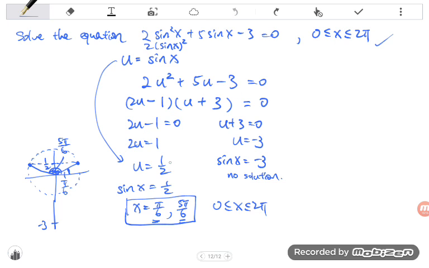And factoring, I solve it. I solve the possible values of u. I have two possible values, and then I introduce the sine x back, and then I solve them as how we have been solving trig ratios. Whereas for this u equals negative 3, we can't get anything that is less than negative 1 or more than 1.